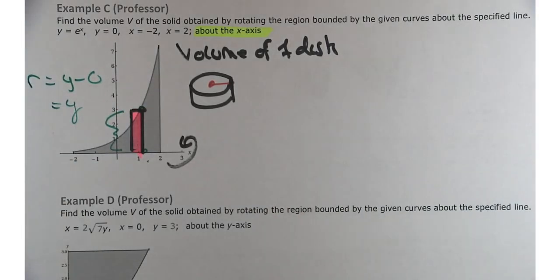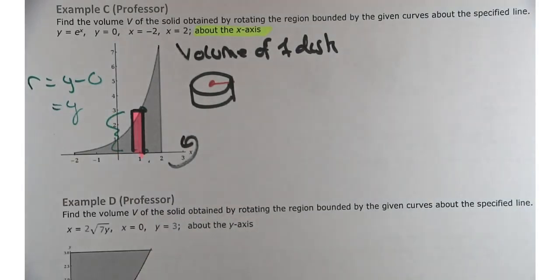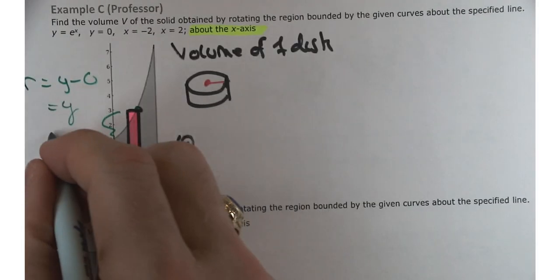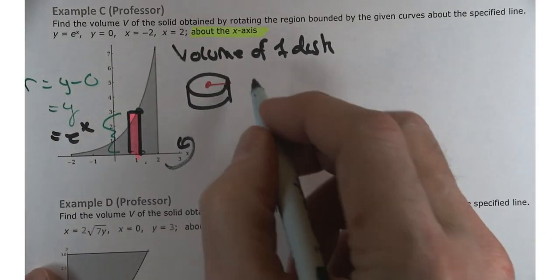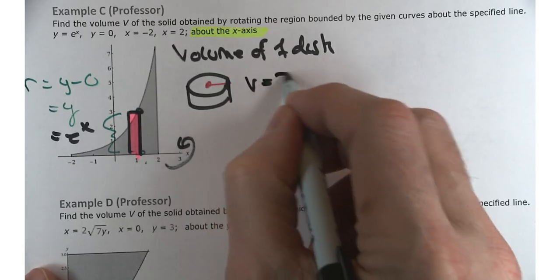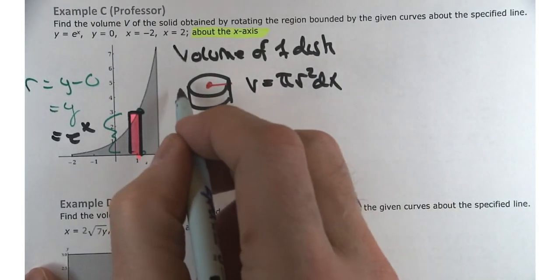What am I going to replace y with this time? Yeah, e to the x. So y equals e to the x. Thanks, Ethan. Volume of one disc is going to be pi r squared times its thickness, in this case dx.